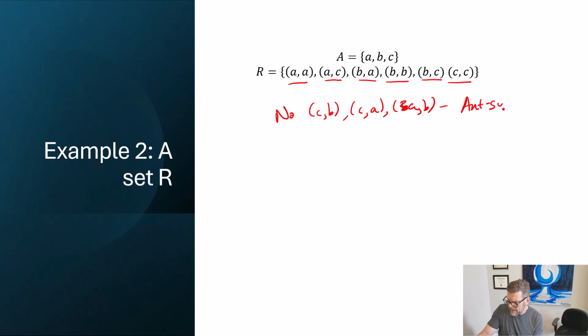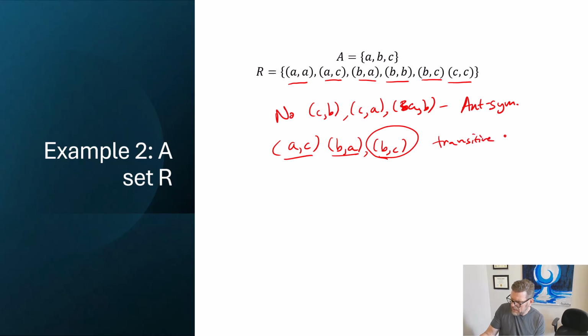Then let's take a look at the other property. We have (A, C), we have (B, A), we have (B, C). If I have (B, A) and (A, C), then that also gives me (B, C), so I have transitivity. So that gives me a partial order.